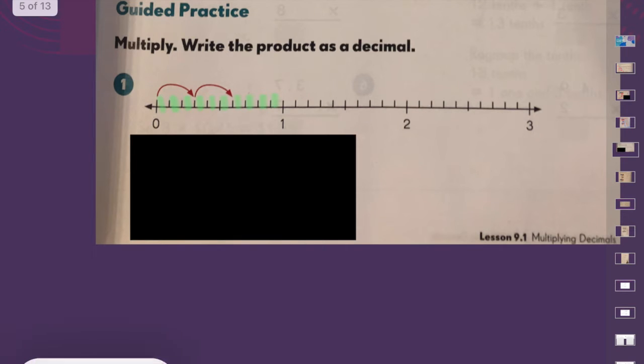You may have noticed that between each whole number is divided into 10 equal parts. You can look at the arrows. Maybe you notice how many tenths they're skip jumping.